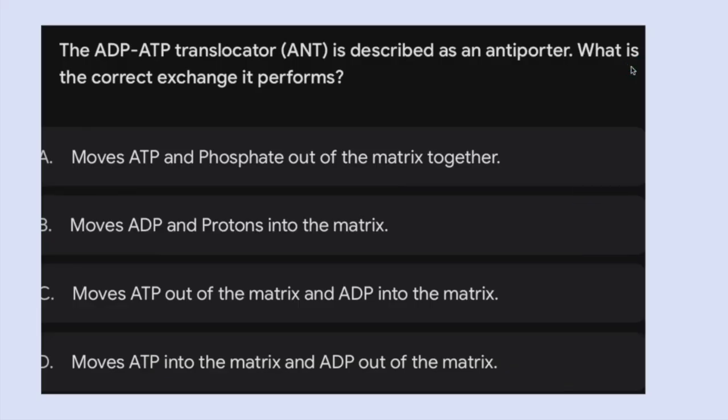I have a question. You said the intermembrane space is positive, so it will take more ATP.